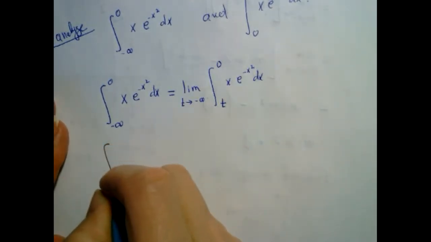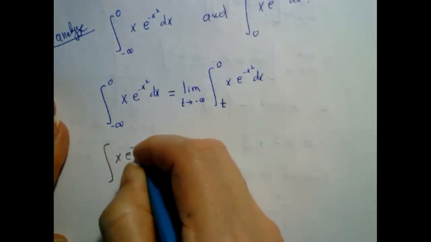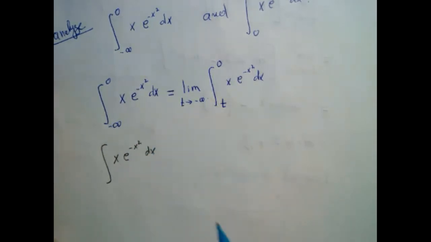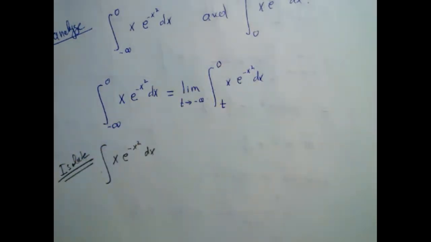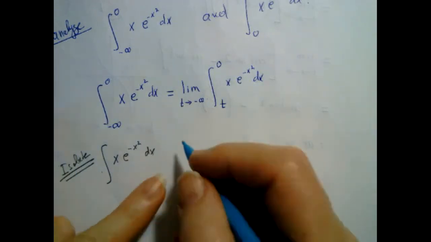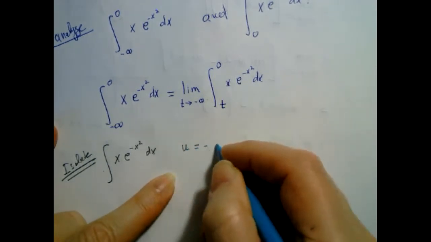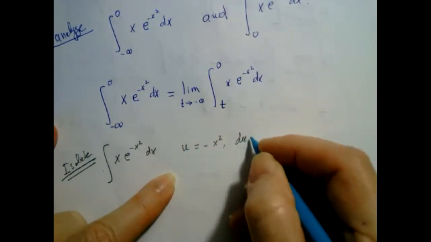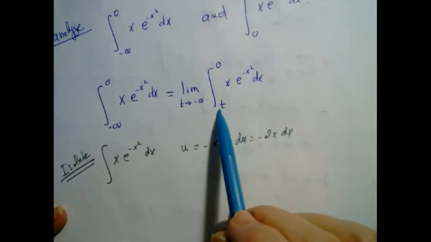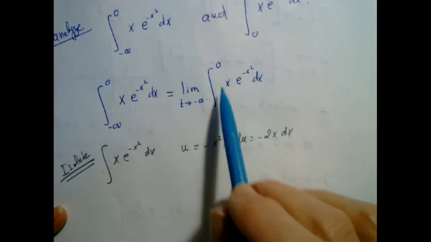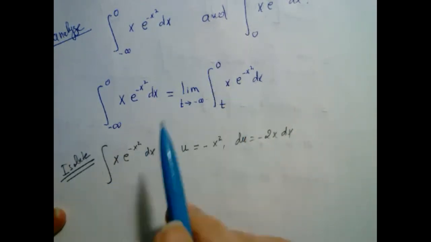So on the side here, I'm going to first evaluate this one, x e to the minus x squared, because it's not clear for me what it is. So I first evaluate that, and then I plug it into the value. So I'm going to isolate this integral without the limit. I'm not going to play with the limit. I'm going to leave the limit the way it is. So how can I evaluate this integral? Use substitution. u equals minus x squared, du is minus 2x dx. And now be careful, since I'm not going to change the upper and lower limits, I have to go back to x.